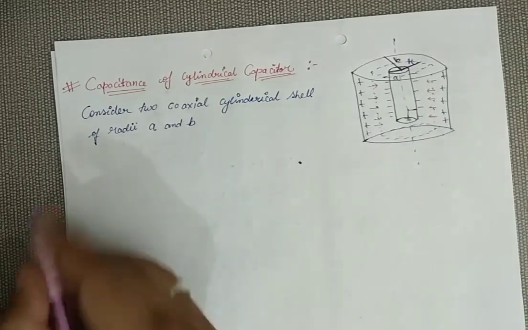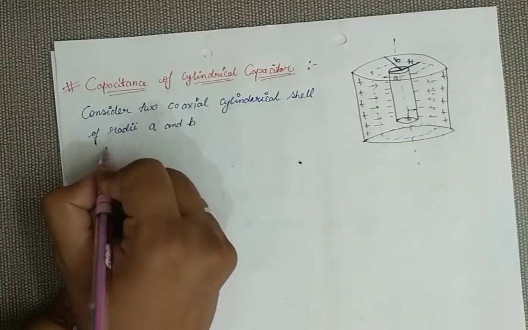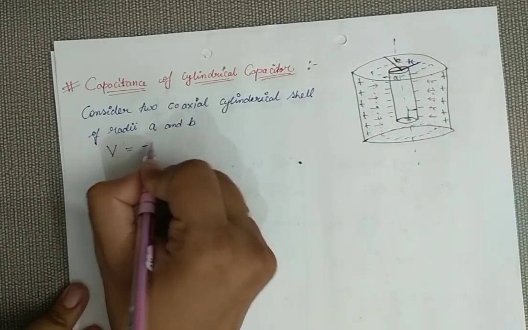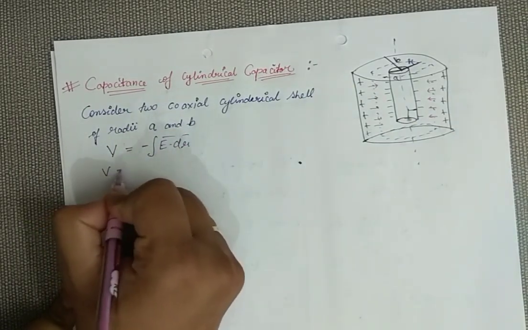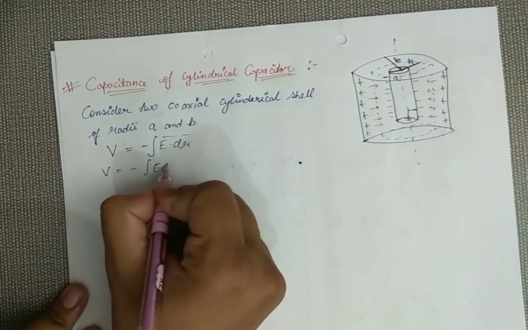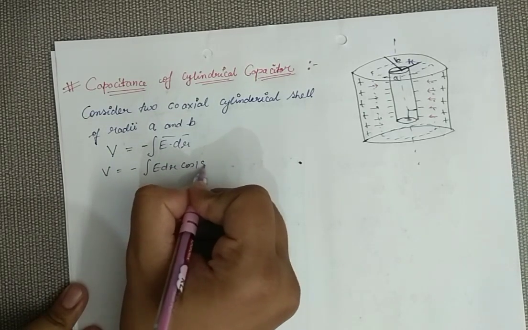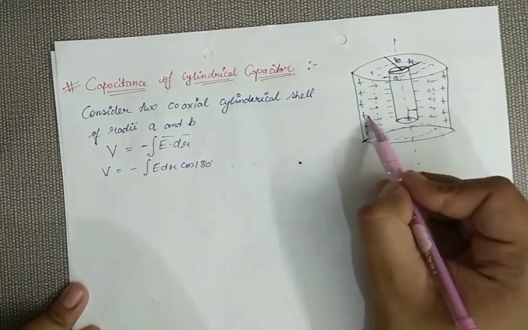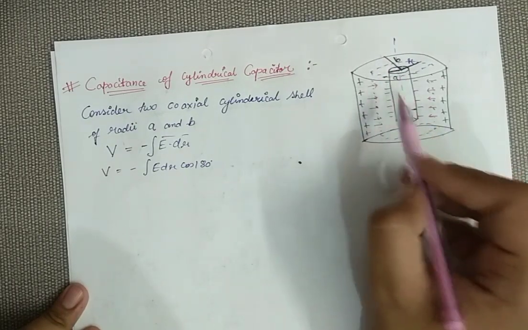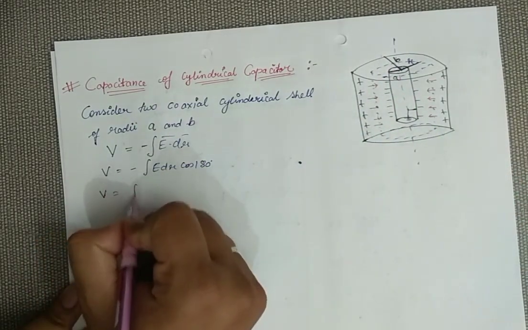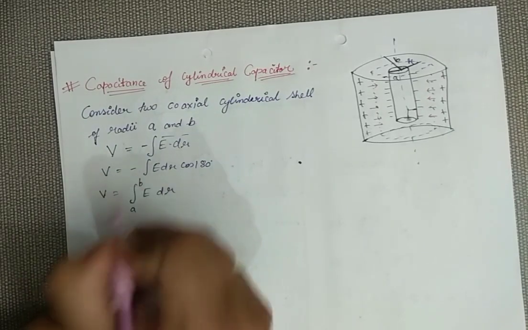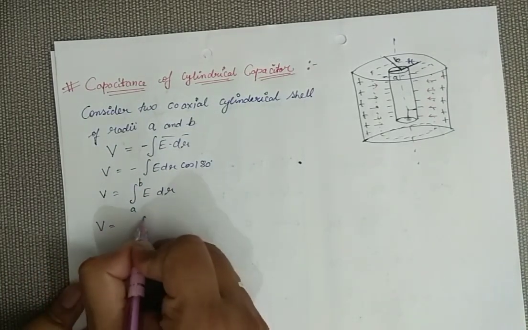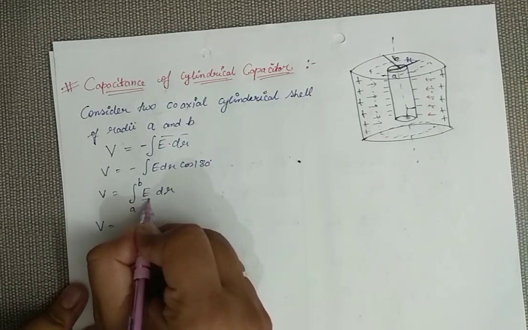So again, just like the previous one, we have to find potential. As we remember, potential is minus integration of E dr. Again, we are using here E dr cos 180. Just remember the direction of electric field and the direction of radius. So it will be integration of E dr. Limit is from small radius to large radius. Now here you have to just remember the electric field.